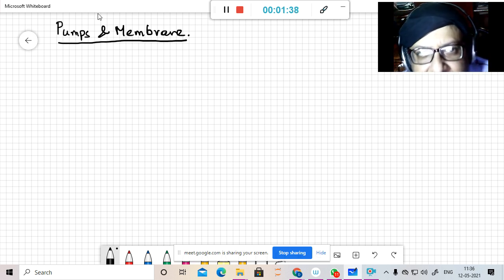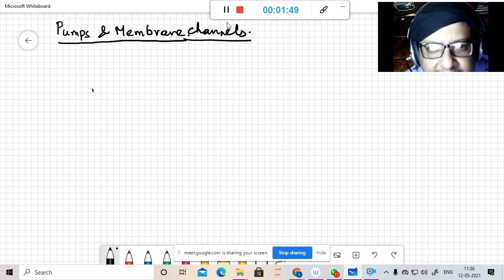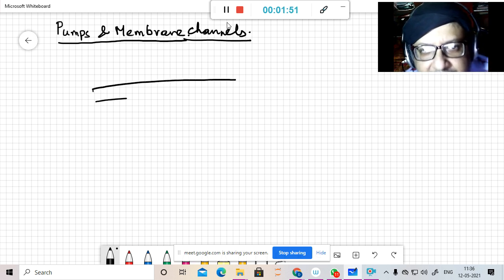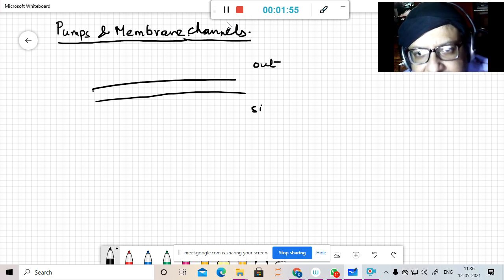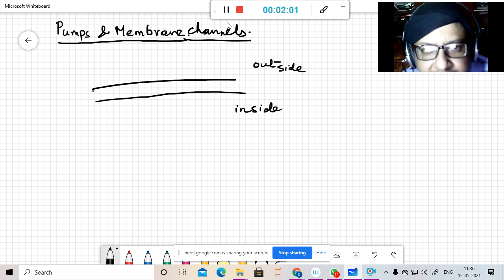So some basics about pumps and membranes. So basically I have pumps and membrane channels. On the cell membrane, the plasma membrane, if this is outside and this is inside the cell, ions are unable to pass out or in.